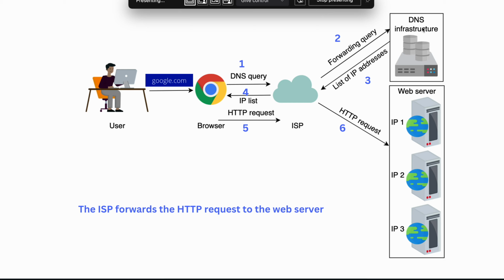So it has to look into the DNS infrastructure, get that mapping of domain name and IP, and update the ISP table also. So in the future, if any request comes for that website, the name can be resolved there only.